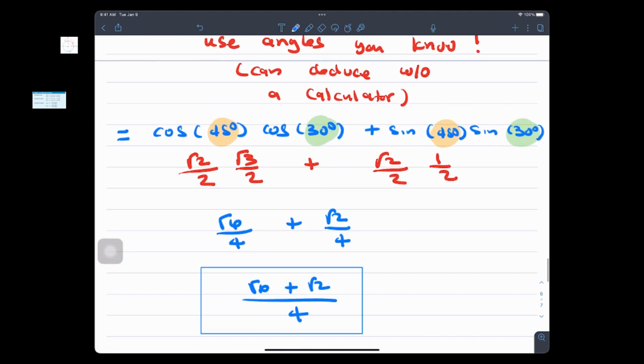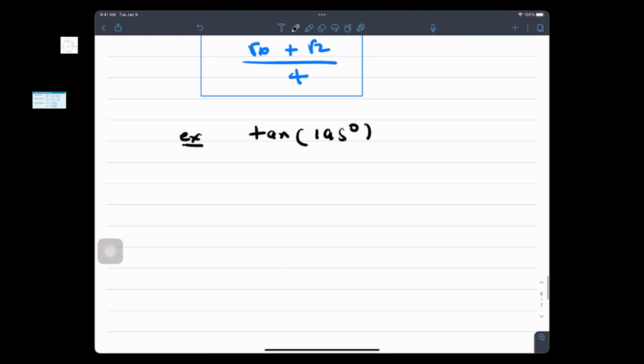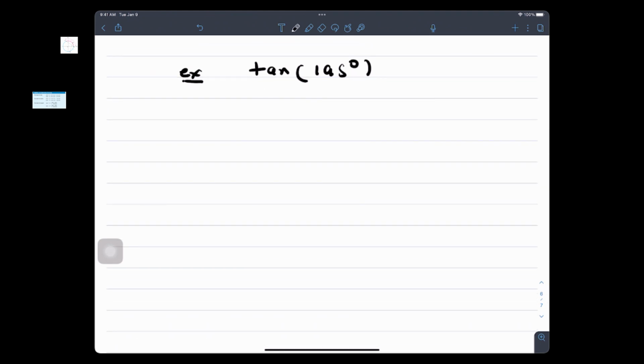Cosine 15. Tangent. Tangent of 195 degrees. You might say, I mean, you might be able to do that. I don't know.